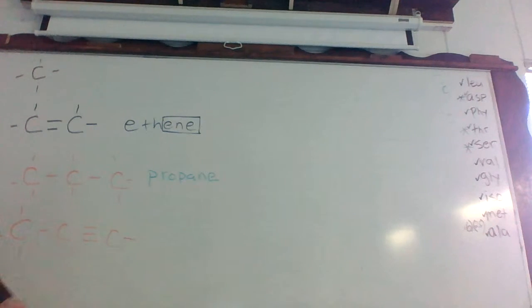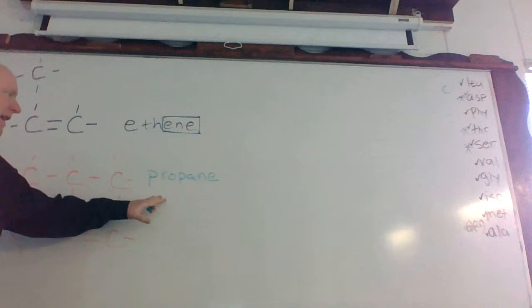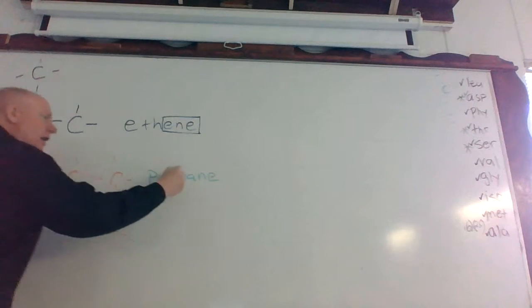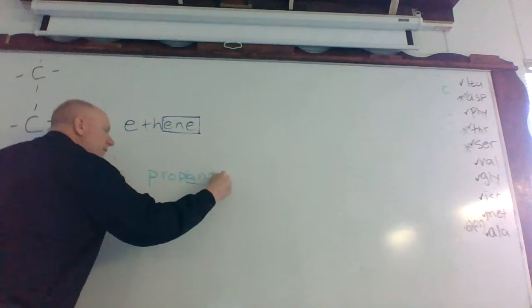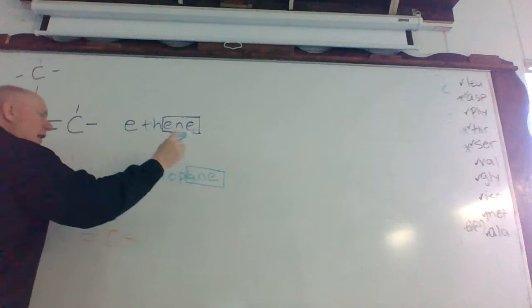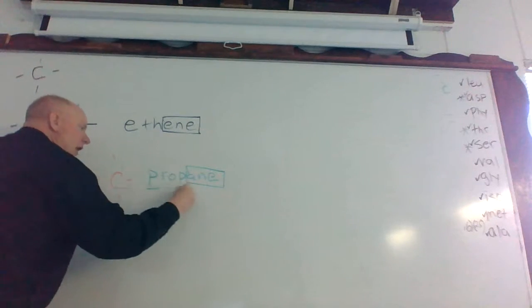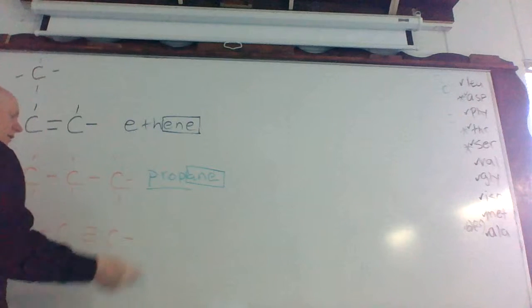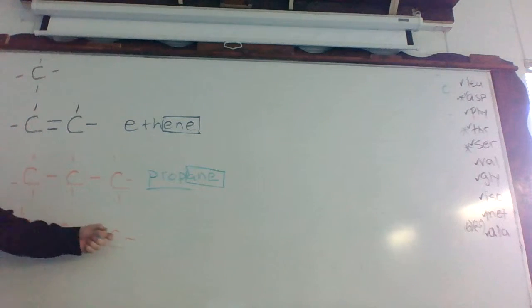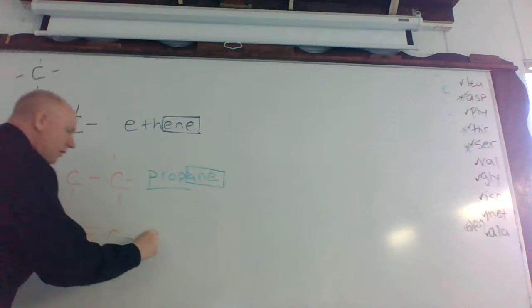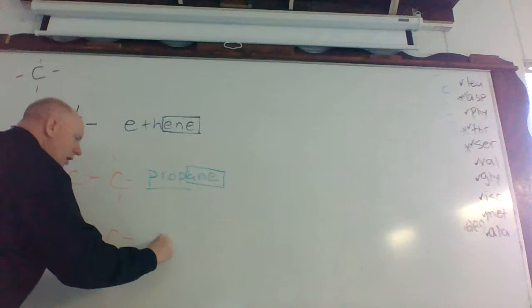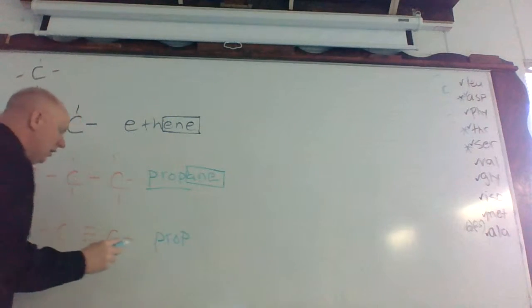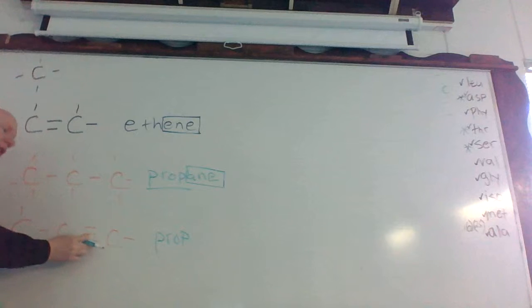Okay. So if this is propane, again, the organic family, it's an alkane, it's single bonded, and that's how many carbons there are. Here we see 3 carbons, so what is our prefix? PROP. Okay, then what is that triple bond?